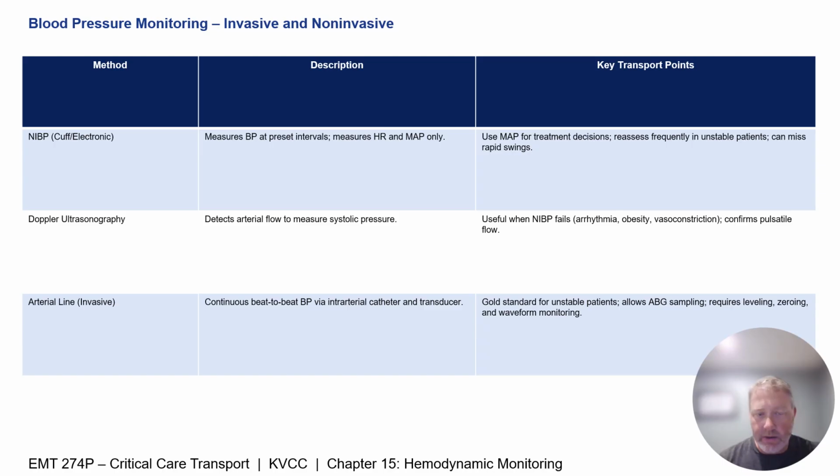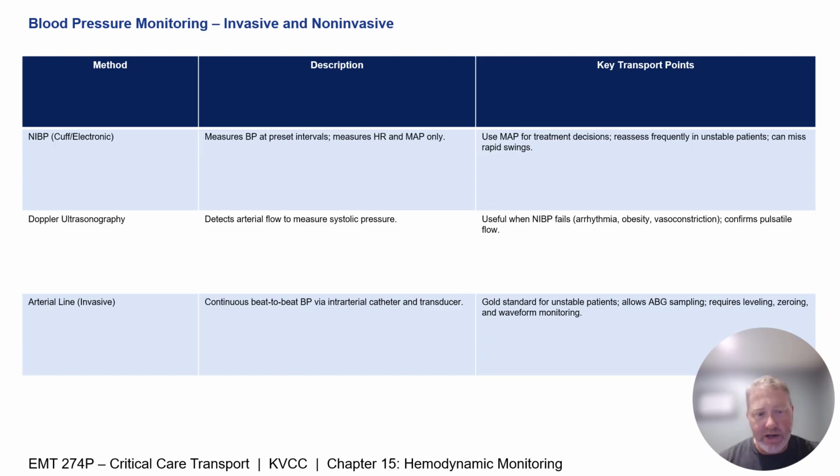but an art line or an arterial line provides a continuous beat-to-beat pressure and allows waveform analysis, making it far superior for unstable patients receiving vasoactive infusions. The major point of this slide is that mean arterial pressure is often the most clinically useful blood pressure target because it best reflects organ perfusion pressure.